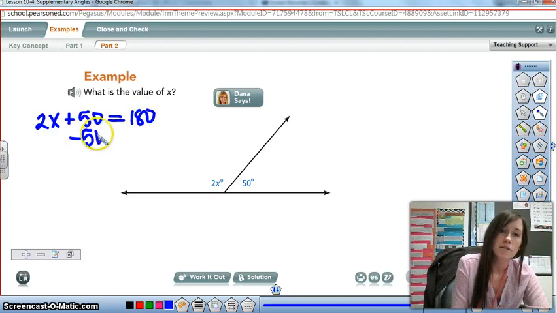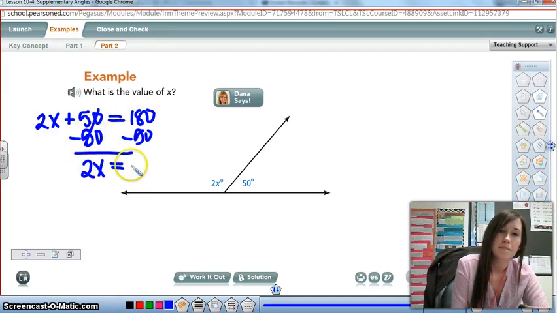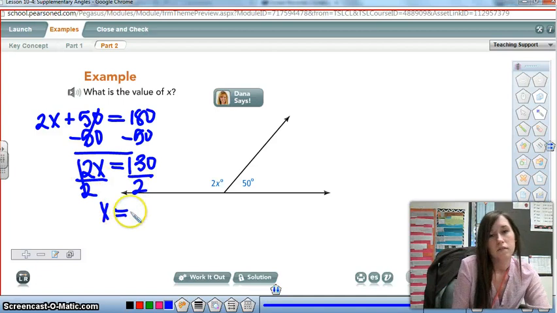We use our algebra steps. Two goes into 13 6 times, into 10 5 times. Okay, so x must be 65.